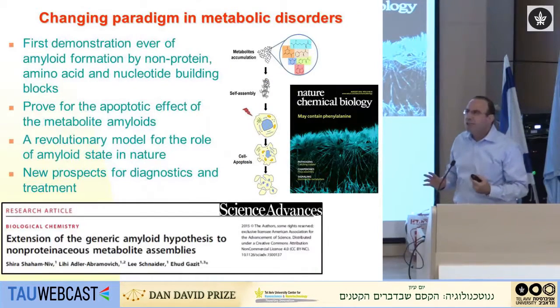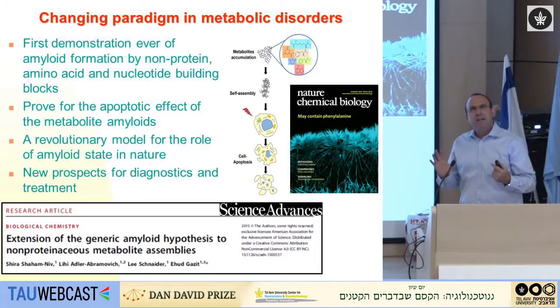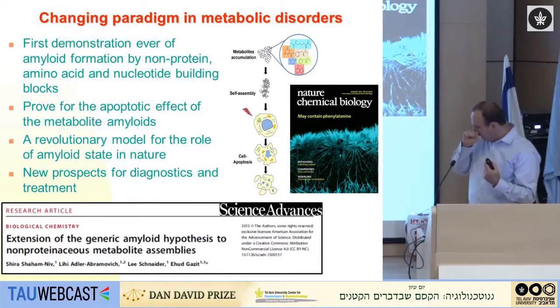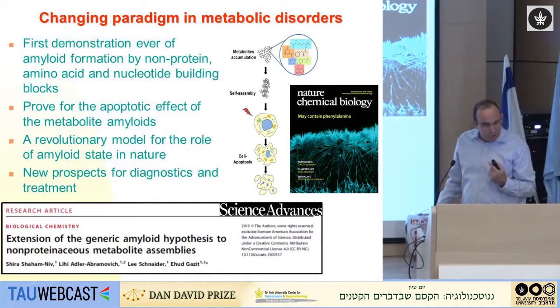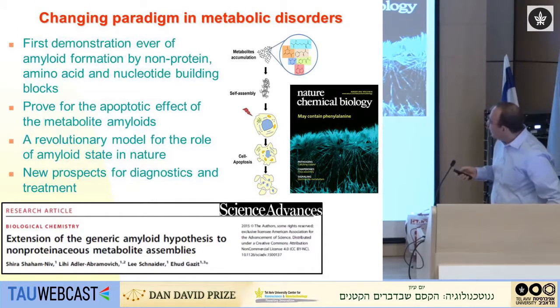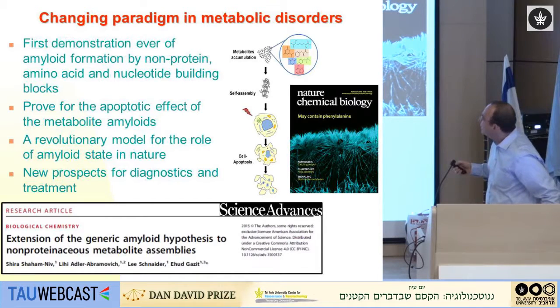I will just mention in passing how the recognition of very fundamental building blocks could lead us to new understanding of biological phenomena. As I told you, by our very systematic approach, we demonstrate that ordered structures that are related to disease could be formed by even single amino acids.